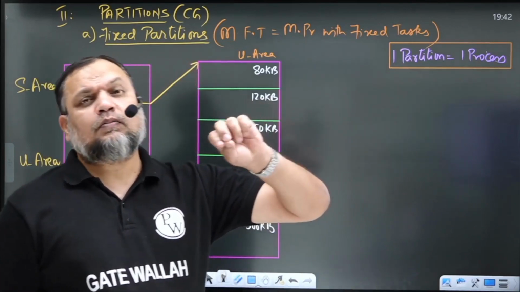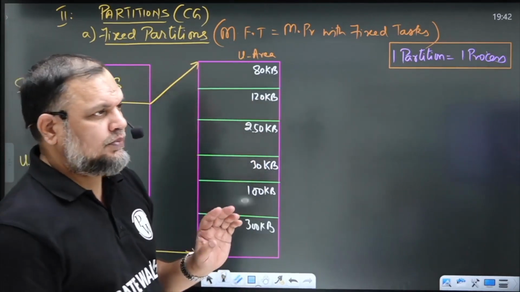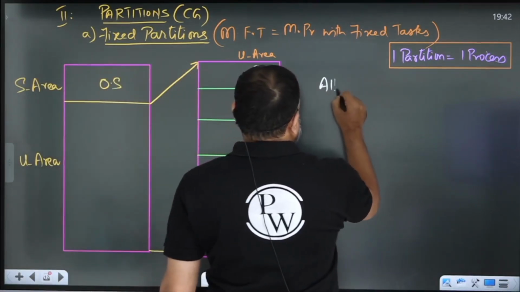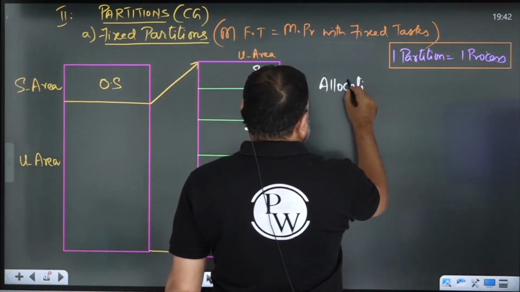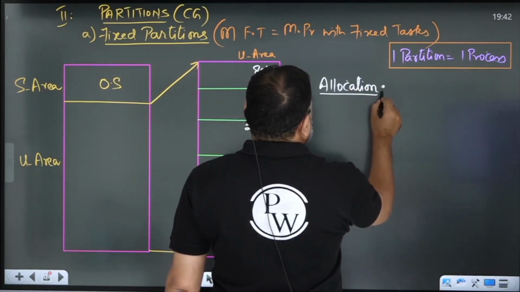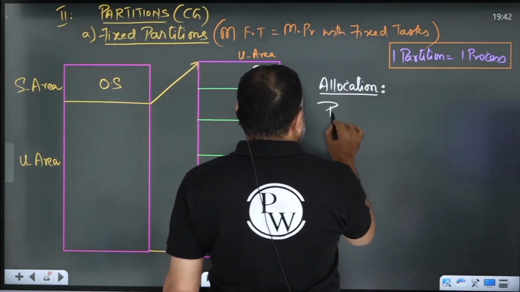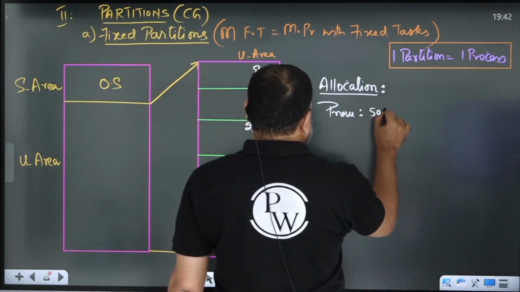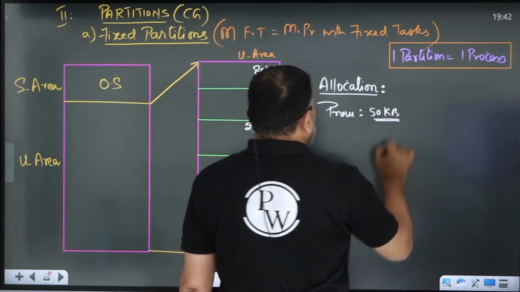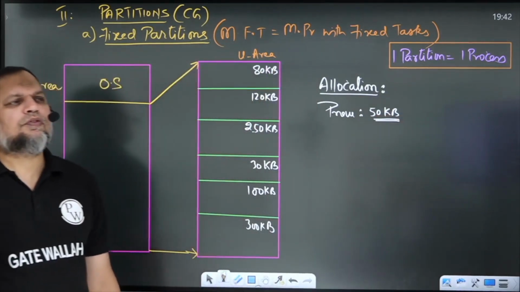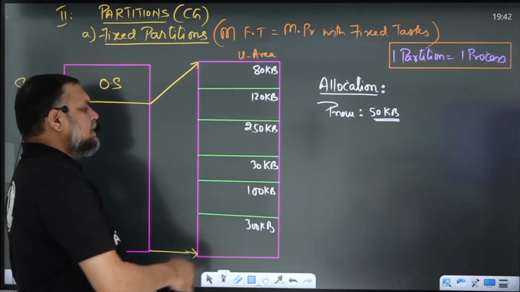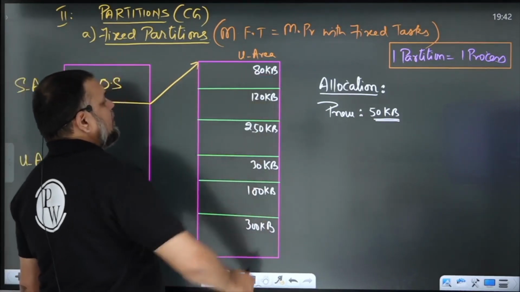But what is predominantly important to understand here is allocation. Suppose I get a new process of some size, let us say 50 KB. The size of the program is 50 KB. We have to decide in which partition we are going to place it.